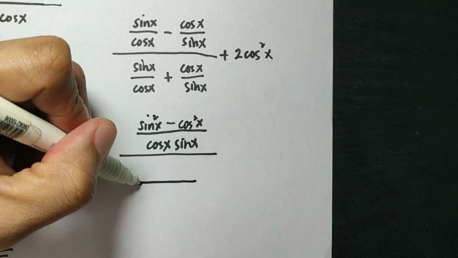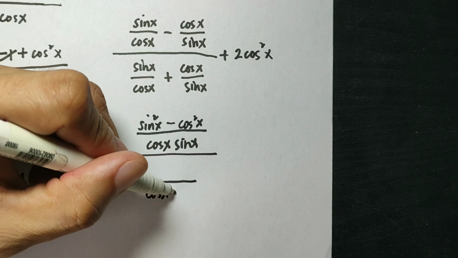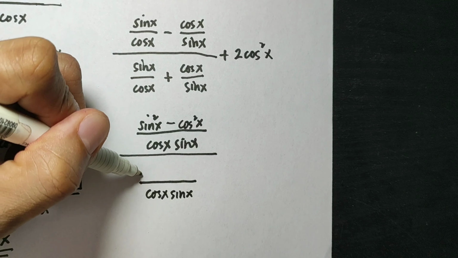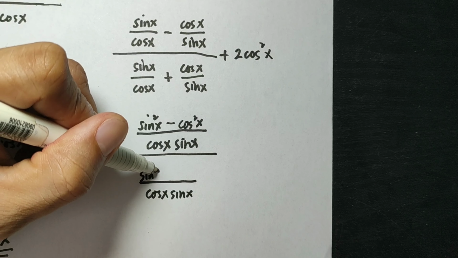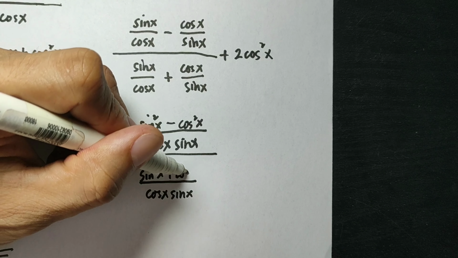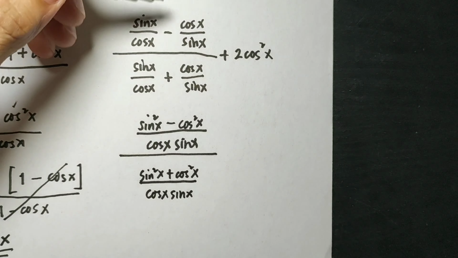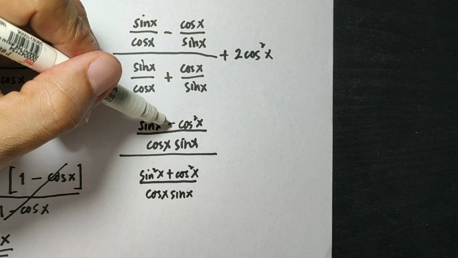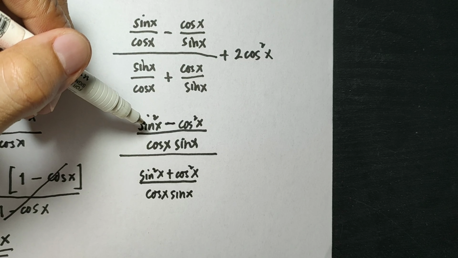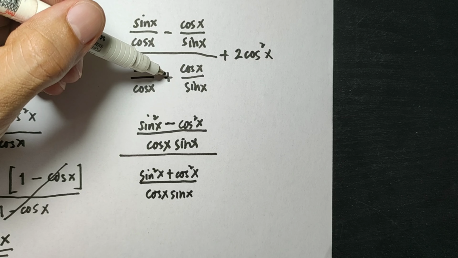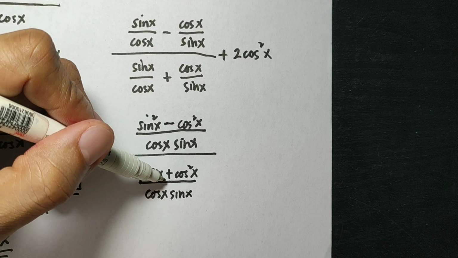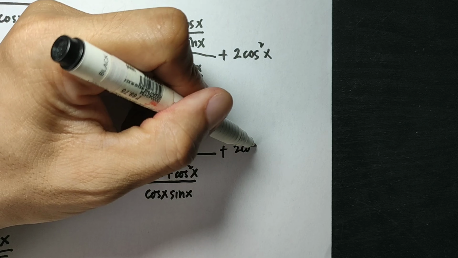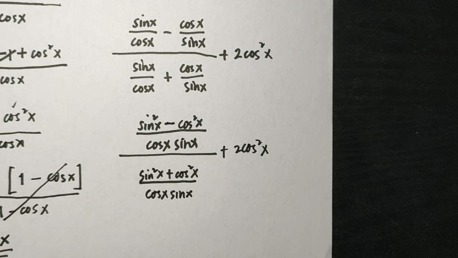So again, that is cosine x sine x, and then sine square x plus cosine square x. So the operation in the numerator is subtraction, that's why we have minus here, and the operation in the denominator is addition, that's why we have an addition sign here, plus the 2 cosine square of x.